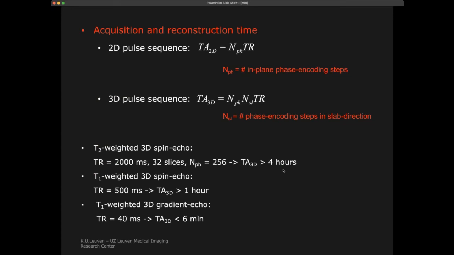That means the manufacturers have looked at different sequences that can speed up this process. But of course, it always comes at a disadvantage: we either lose some signal or we have less resolution, so that we take fewer pixels. So all of these things are, again, about optimizing. When you go to a scanner, there can be tens or hundreds of different pulse sequences, all with different properties.